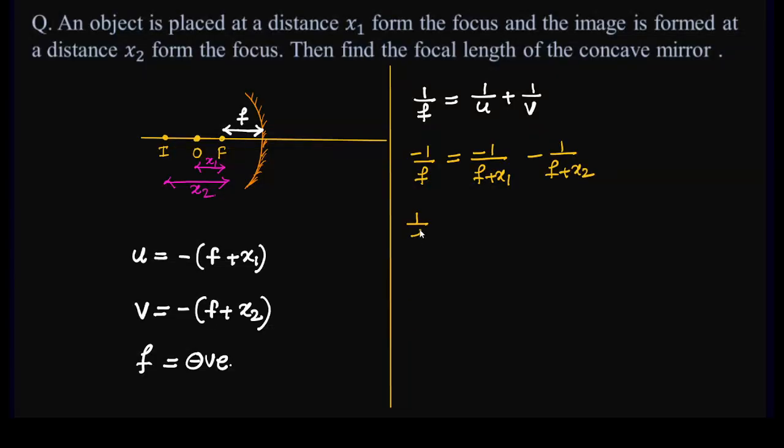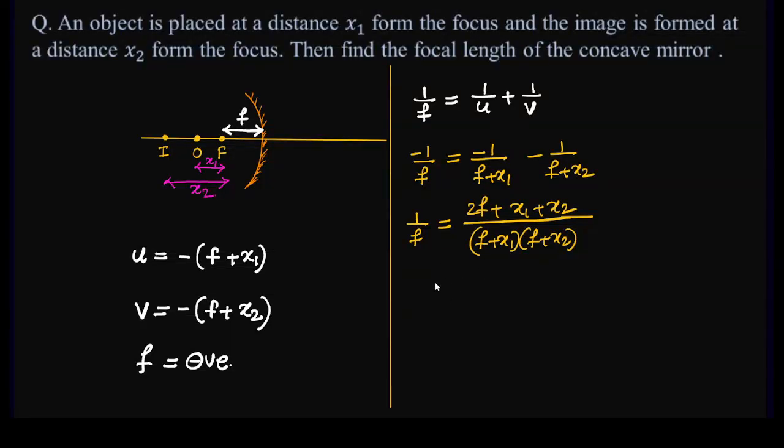Minus cancels, so 1 by f is equal to the LCM, f plus x1 into f plus x2, over 2f plus x1 plus x2, and cross multiply.